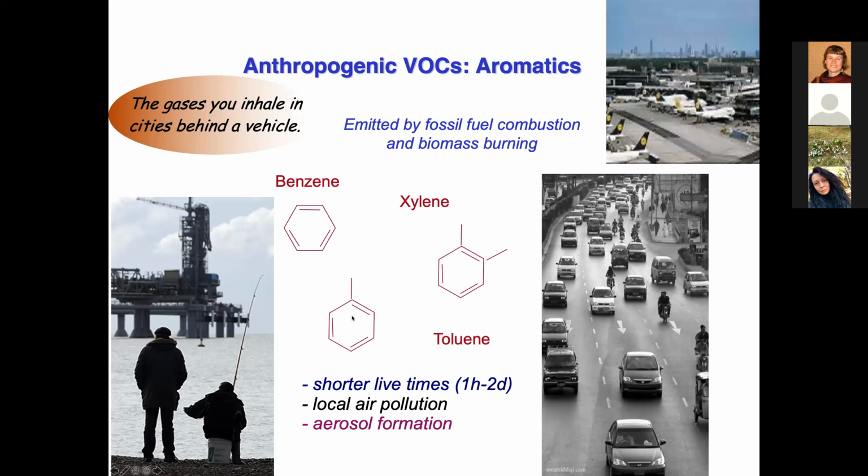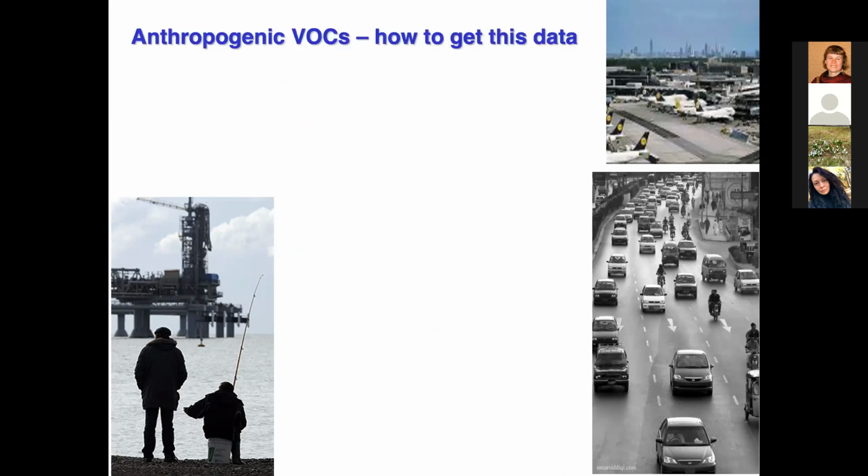When we talk about high air pollution, what we see just now in India, we saw in the news that they have big problems, it is also related a lot to these aromatics, which are coming from the traffic, for example from the cars. They are oxidized in the atmosphere, and then they contribute to secondary organic aerosols. They have a short lifetime, as you can see, because they are reacting quite intensively, quite fast.